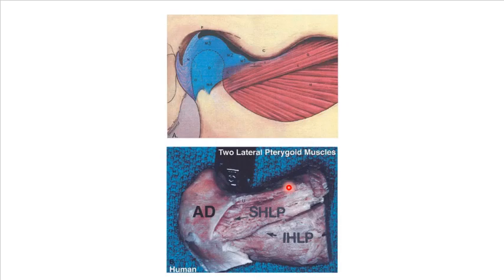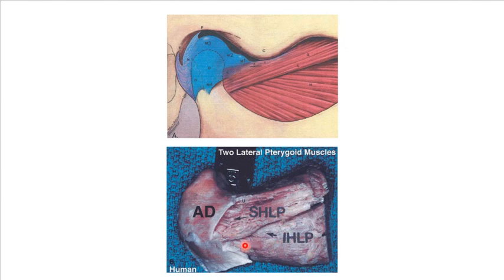This is a cadaveric model of the whole condyle, the articular disc, the superior head of the lateral pterygoid muscle and the inferior head of the lateral pterygoid muscle.